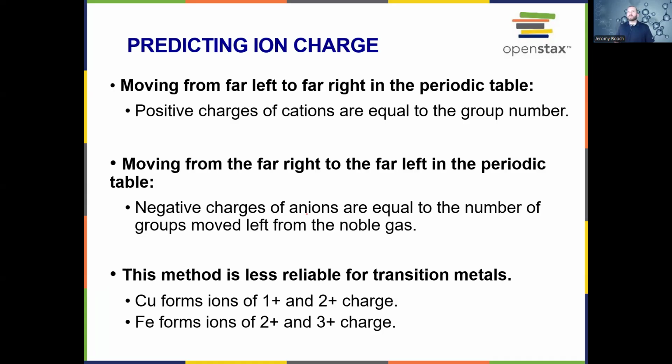So for example, copper can form Cu+ or Cu2+, and iron can form iron with a positive 2 charge or iron with a positive 3 charge. So for transition metals, we need to know some additional information to know the charges.